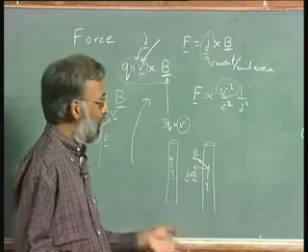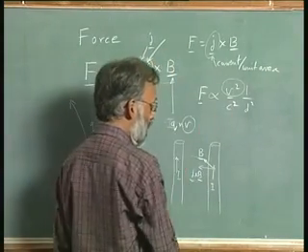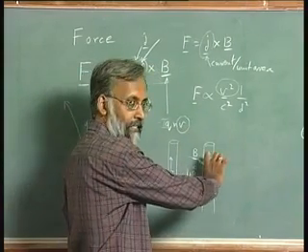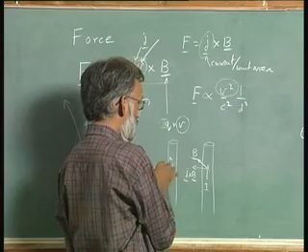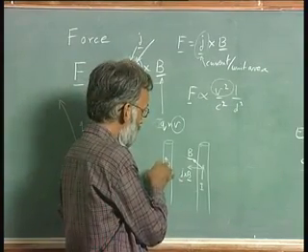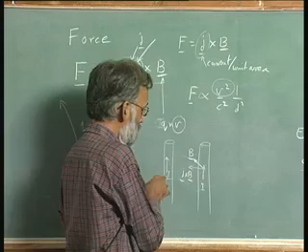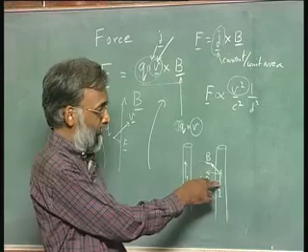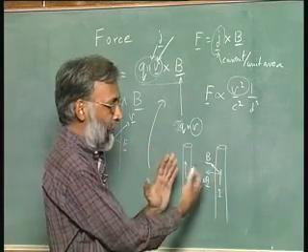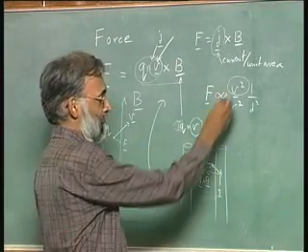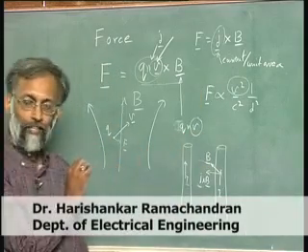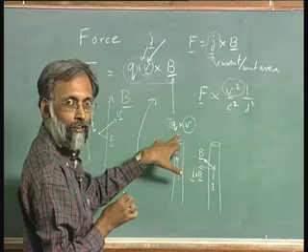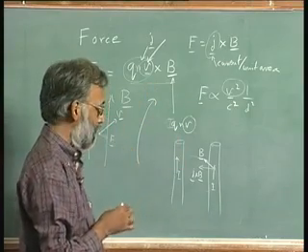The same argument, if you use Coulomb's law, you would say because of current the electrons are moving, electrons are compressed, so there is net negative charge, and because of that net negative charge the positive atoms here get attracted. Similarly, there is net negative charge here, the positive atoms here get attracted, and so there is a Coulomb attraction which is proportional to v squared, which is the same answer we are getting here. The 1 over d squared came from Coulomb's law, which is the same answer we are getting here as well.